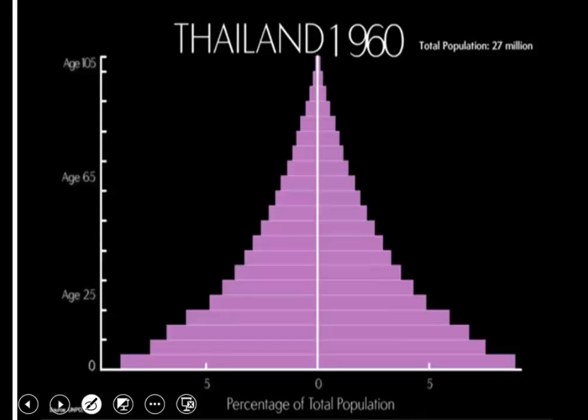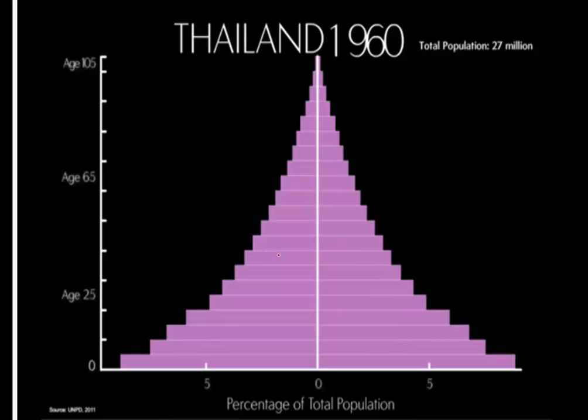Thailand in 1960, and this is well past the Northern European Industrial Revolution. We're talking about almost 200 years. And in pre-industrial Thailand, you can see that concave structure. You can see 70% of their population is under the age of 21.